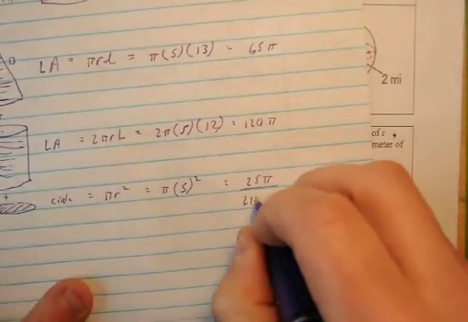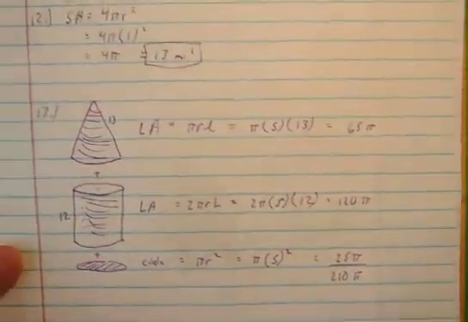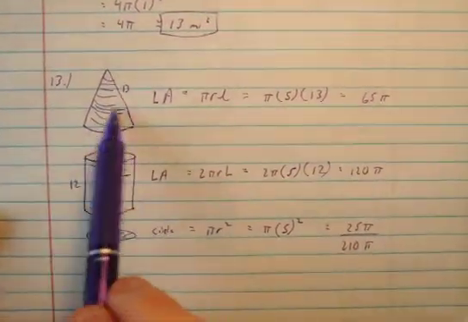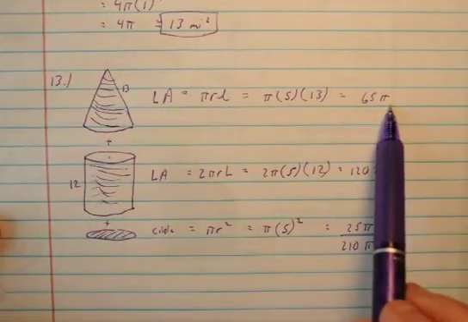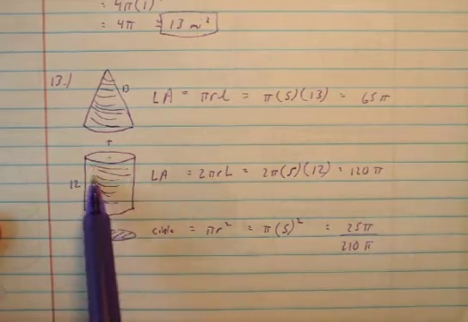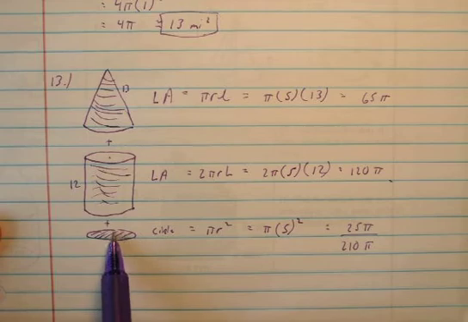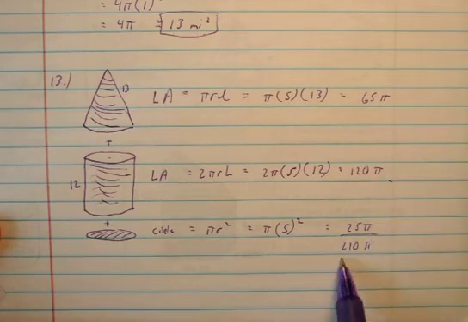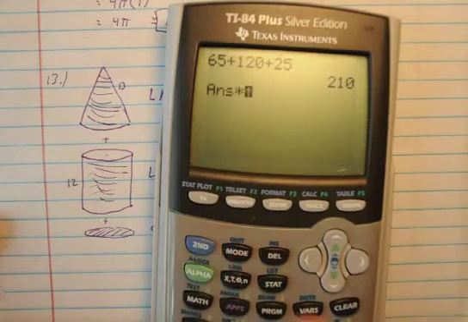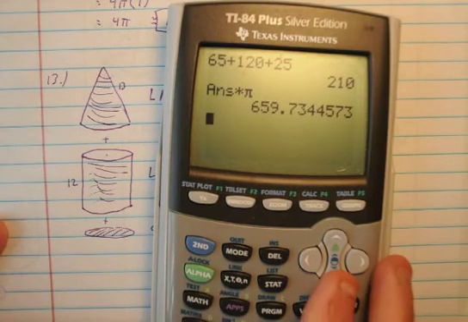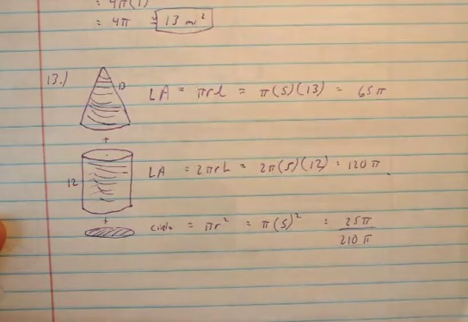That is 210 pi altogether. So the surface area of this cone part was 65 pi's. This was a much bigger surface area, coming in at 120 pi's, and the bottom was just 25 pi. It all added together to 210 pi. So 210 times pi is roughly 660.